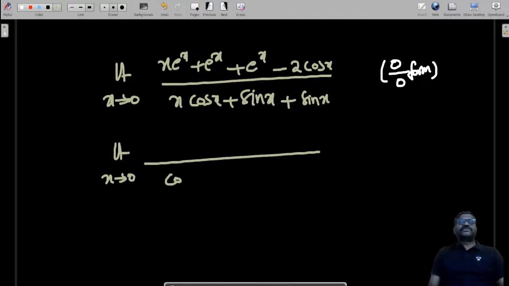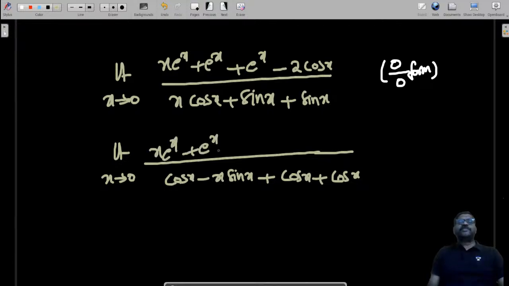Differentiation of x cos x is cos x minus x sin x. Differentiation of sin x is cos x. So the numerator is x into e power x plus e power x, plus differentiation of e power x is e power x, differentiation of e power x is e power x, differentiation of 2 cos x is plus 2 sin x.